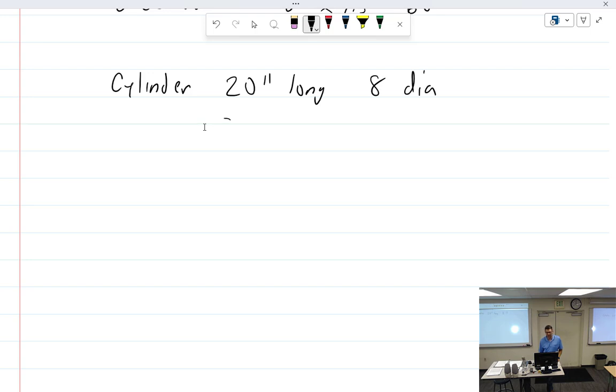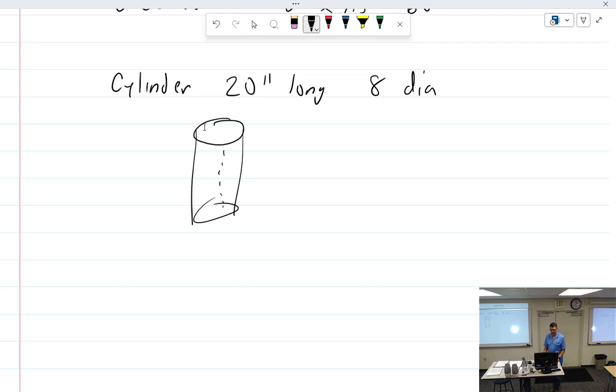All right, so we're going to be making a cylinder out of sheet metal. It's got a little split down it. So obviously it's a flat piece of something, and we're going to roll it until we get a cylinder that's got a diameter of 8 inches and it's 20 inches high.